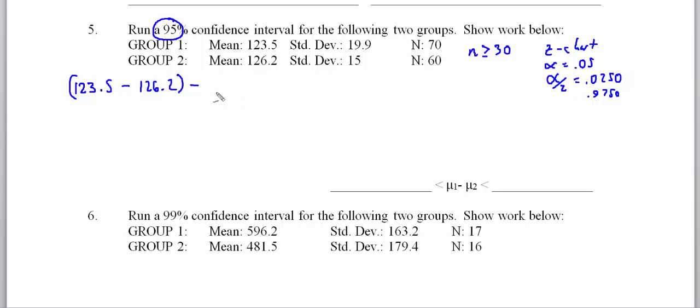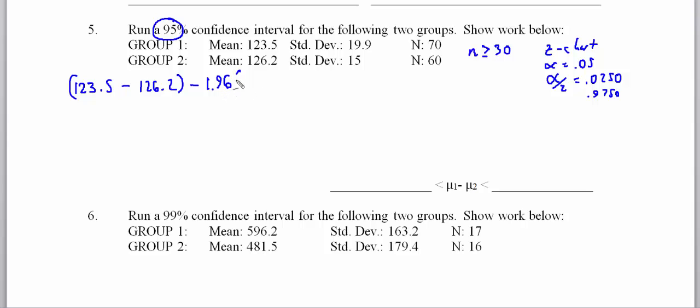And that critical value right there, that z alpha divided by 2, is going to be 1.96. And that's the number that's closest to the 0.0250. And in the case of a tie, I always go furthest away from 0. So if I have a choice between negative 1.96 and negative 1.95, I would choose negative 1.96.